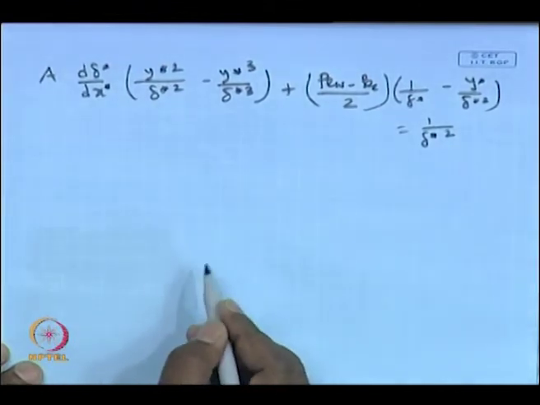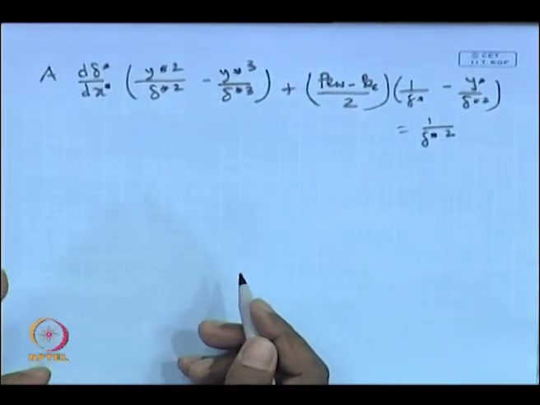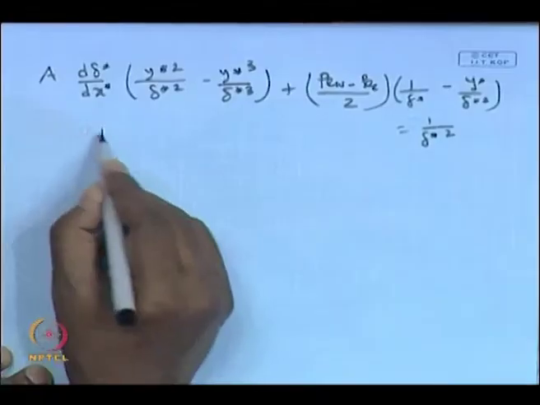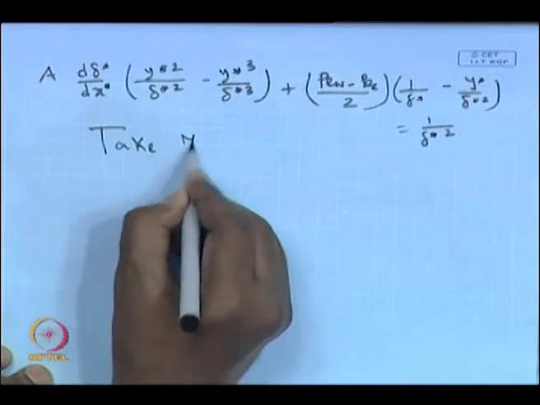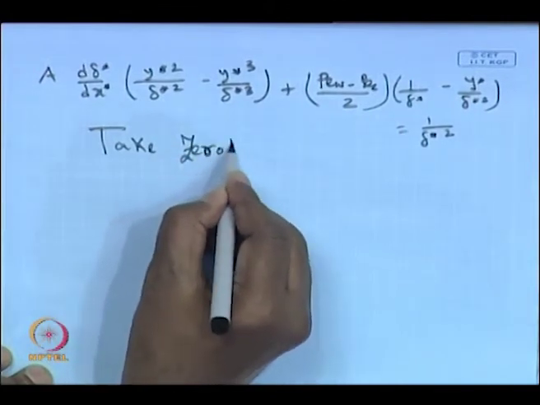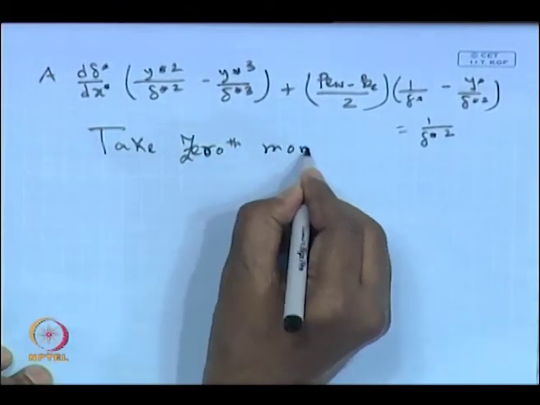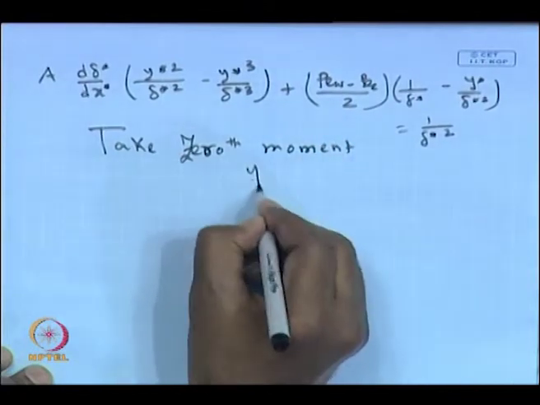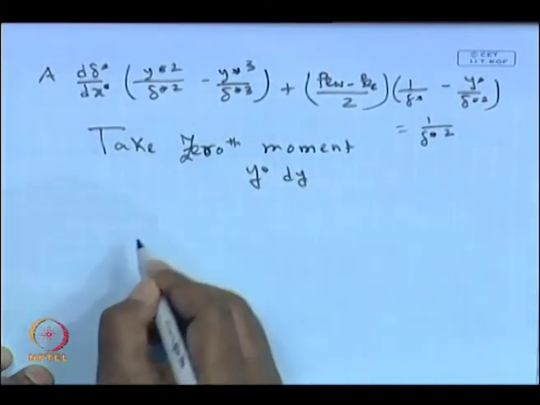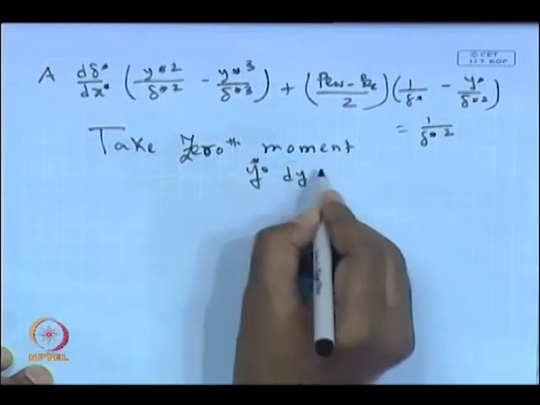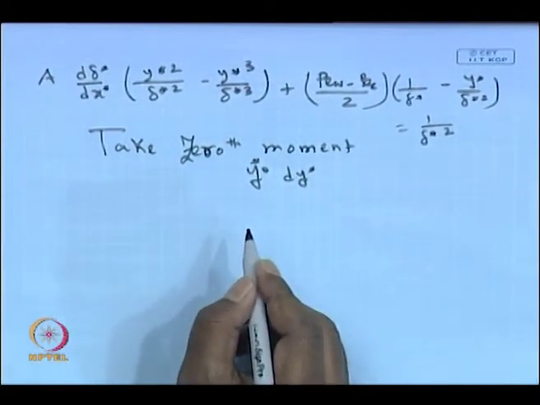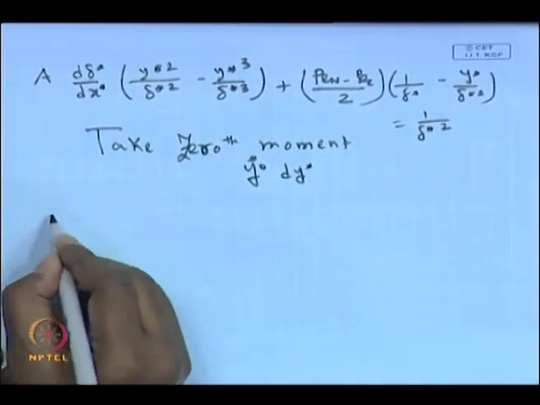Now, what you are going to do here, it is a standard boundary layer theory. You multiply both sides by dy star, that is you take the zeroth moment. Zeroth moment means you multiply both sides by y star to the power 0 dy star, and integrate across the boundary layer thickness 0 to delta star.